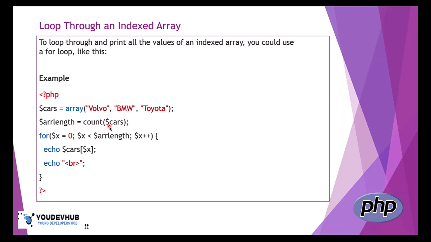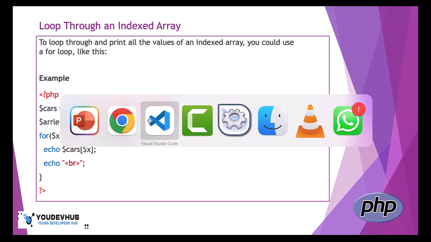So let's say for a large data set that you don't know how many numbers are there, you can use that to count and display them out. So we have for x equals 0, the initial loop counter, and x less than the array length, and then x plus plus to increment it. So let's go ahead and see what this looks like.